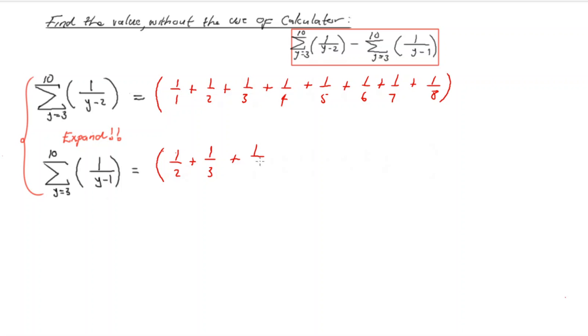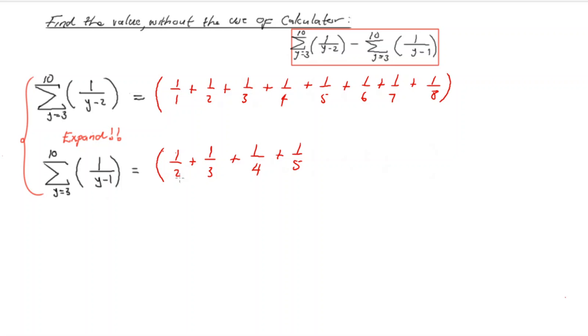4, which is 5 subtract 1, I get a 4, plus 1 over 5, because I'm substituting a 6. So now I can see that the denominators are increasing in ones, starting from 2.